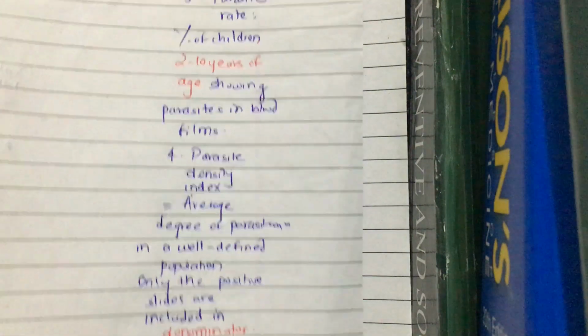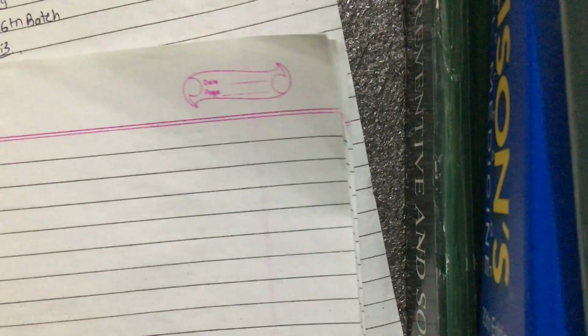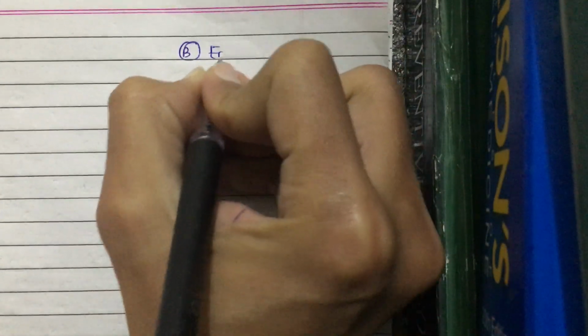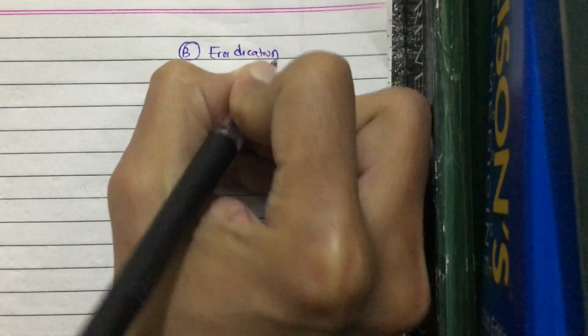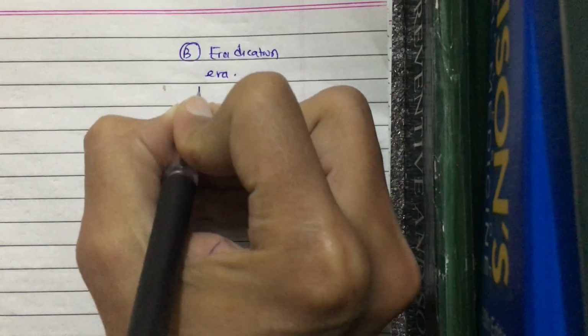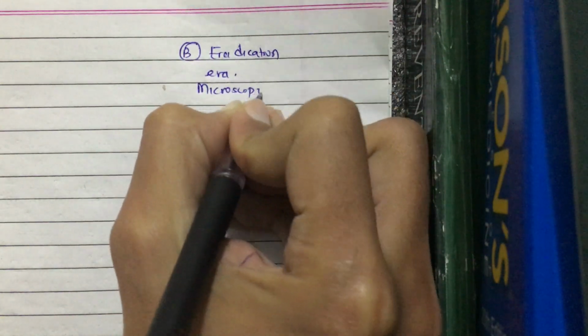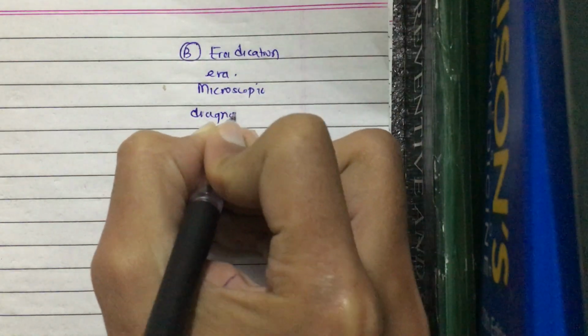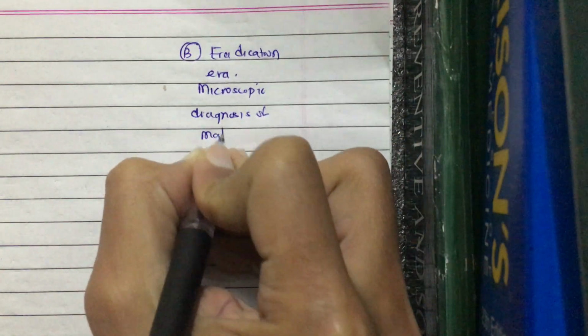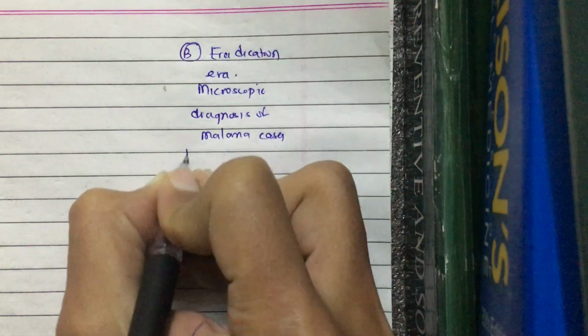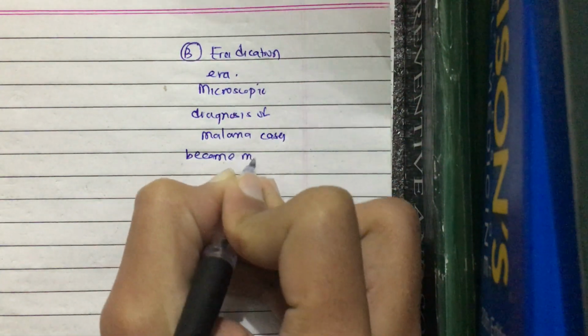Now we will discuss the indices which are used in the eradication era. In the pre-eradication era, the endemicity was mainly defined from the clinically diagnosed case, whereas in the eradication era, microscopic diagnosis of malaria cases became the main method of diagnosis.